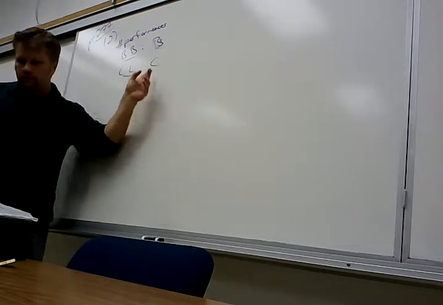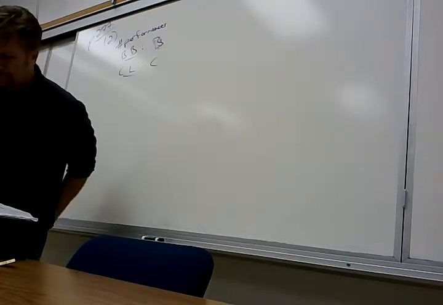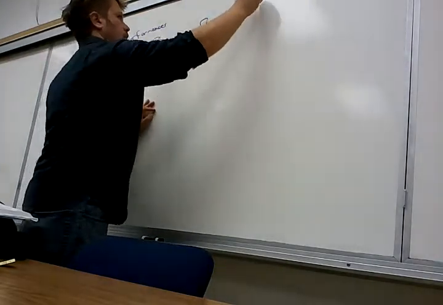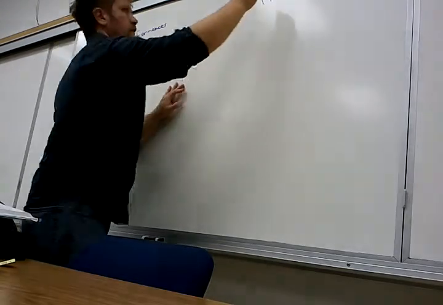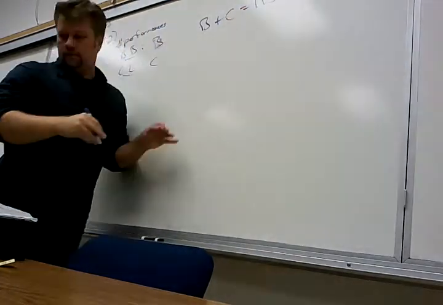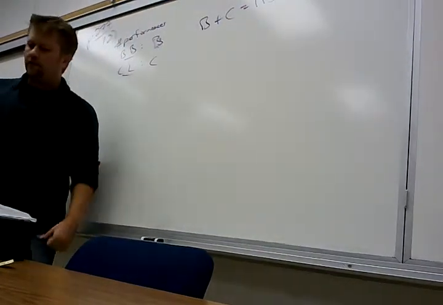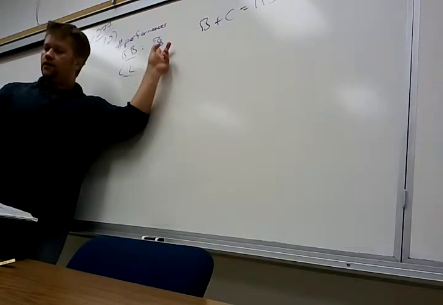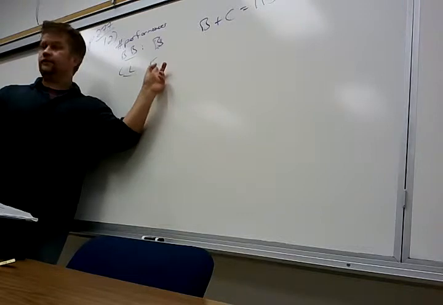So the easy one: B plus C must be what? 11,598. Now here's the one that you got to be careful. There were 676 fewer performances of this than there were of this.